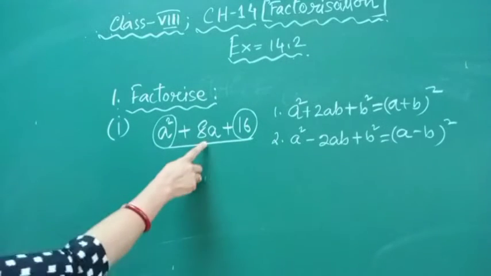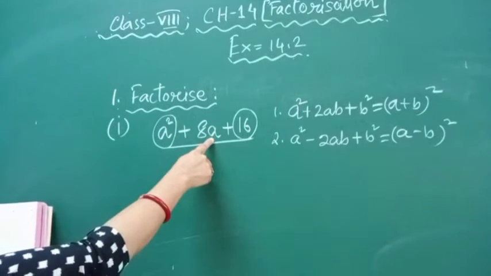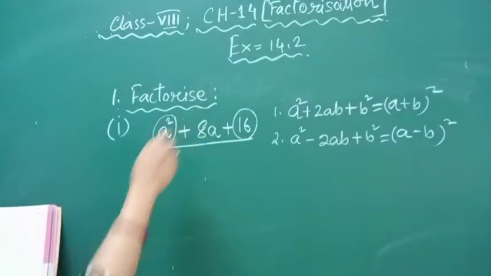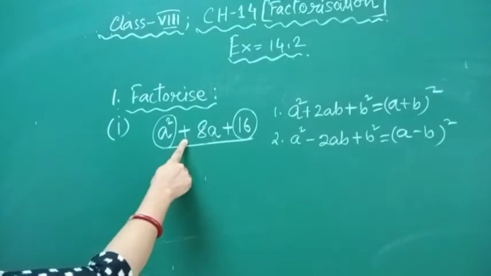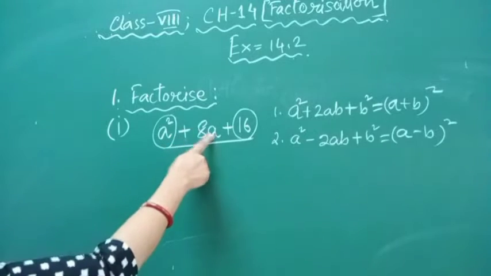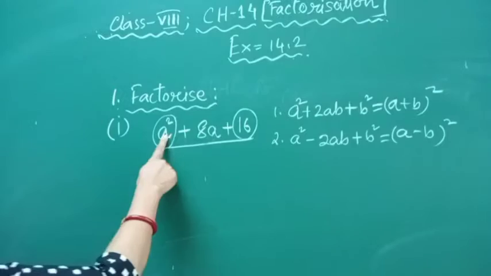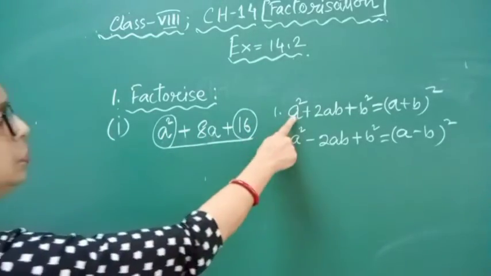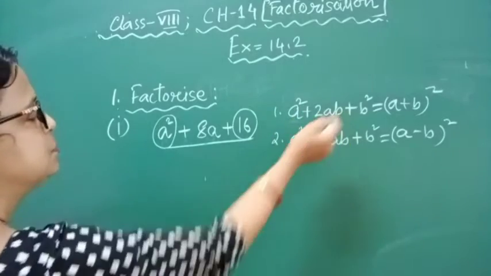And the middle term contains a variable with a positive sign. So can we compare this expression with a square plus 2ab plus b square?